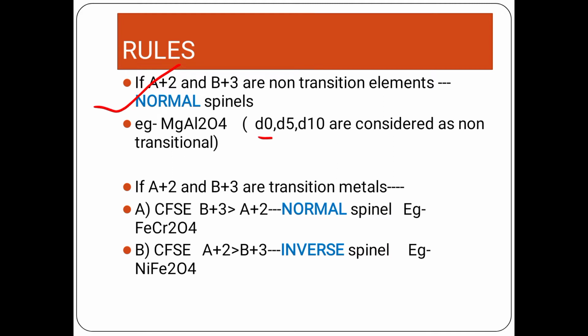But also keep in mind, in your transition series you have d0, d5, d10, that is empty, half filled and completely filled. These also are considered to be non-transitional elements. So if in this rule, A+2 and B+3 are non-transition elements, or one element has d0, d5, d10 configuration, then you consider that element to be also a non-transitional element.